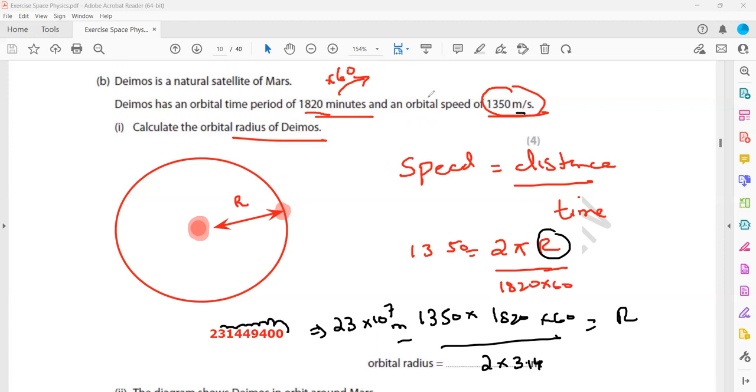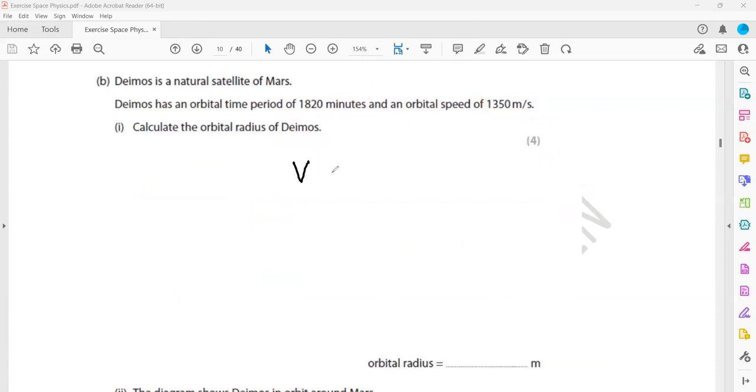How did it get divided by 2 pi? Look, the speed is equal to distance divided by time. The speed is 1,350.